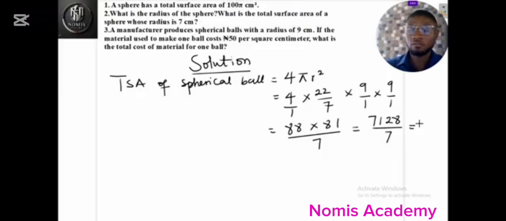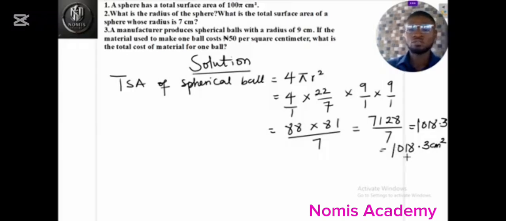So when divided by 7, we have 1,018.3 centimeter squared, approximated to one decimal place.